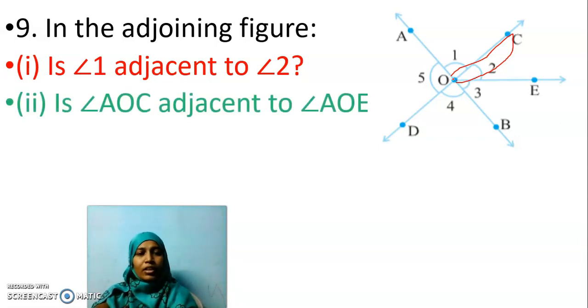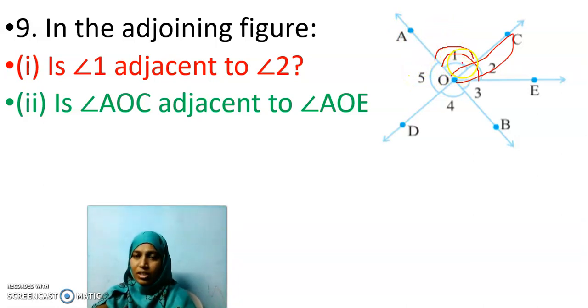Okay. The next is angle AOC. Is AOC adjacent to AOE? AOE is a very big angle. AOC is a part of it.